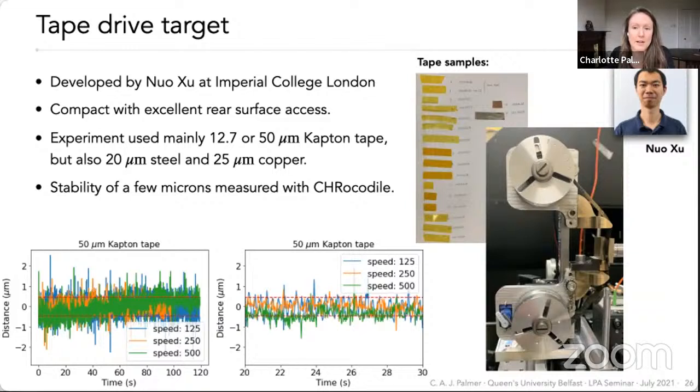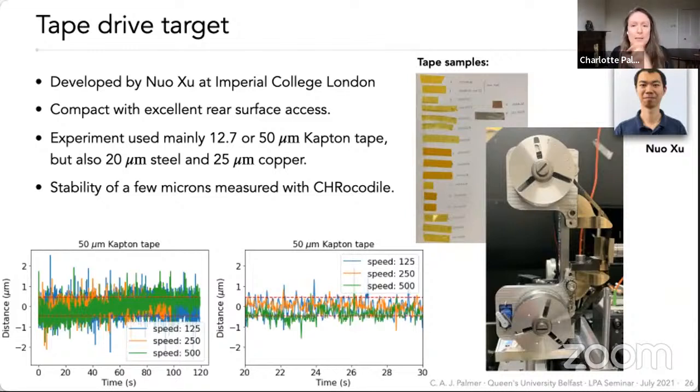It was mounted on a custom support so that we had as much diagnostic access to the rear surface as possible. And also we could adjust the tension so that we had different materials or target thicknesses. We predominantly used Kapton with 12.7 or 50 micron thickness, but there was also some copper and some steel tape available, so we did some tests with those towards the end of the experiment.